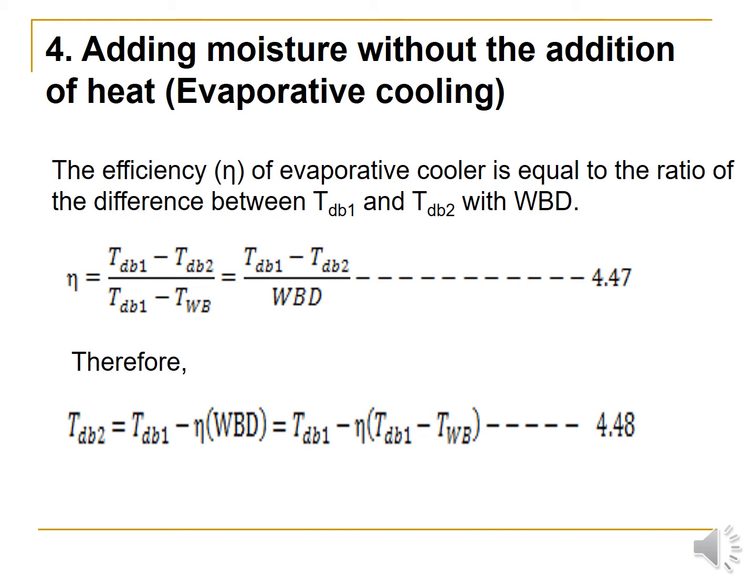Therefore, dry bulb temperature 2 will be equal to dry bulb temperature 1 minus efficiency times wet bulb depression, that is, DBT1 minus efficiency times (DBT1 minus wet bulb temperature).